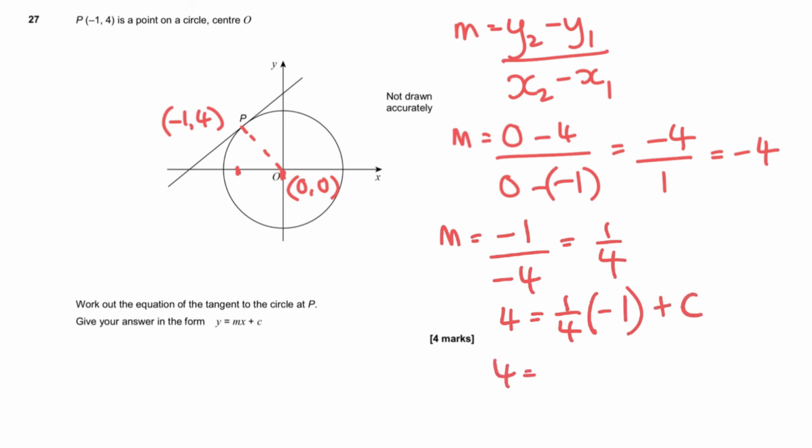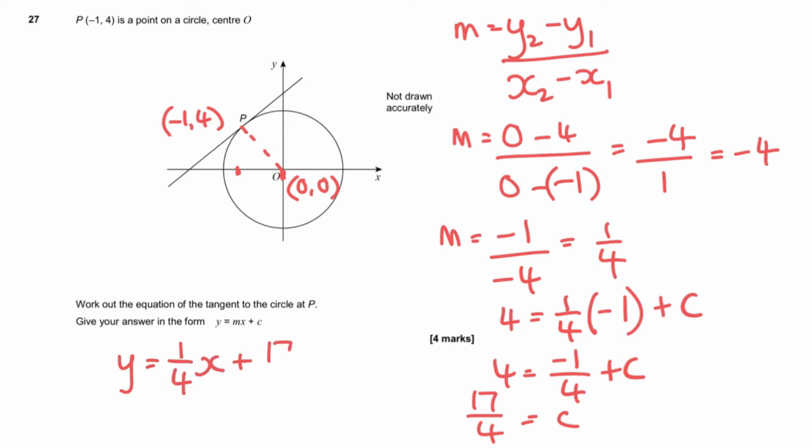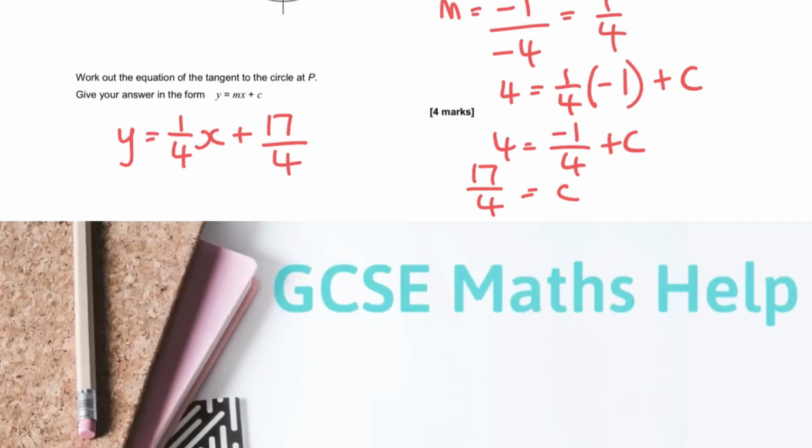So 4 is equal to -1/4 plus c. So if we add 1/4 to both sides, we get c is equal to 17 divided by 4. So the equation of the tangent is y equals 1/4 times x plus 17 over 4.